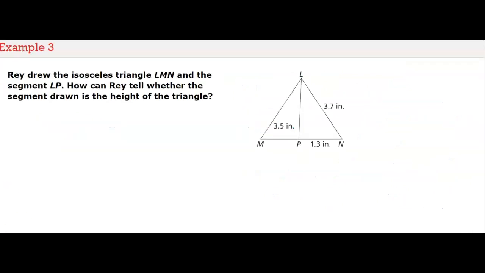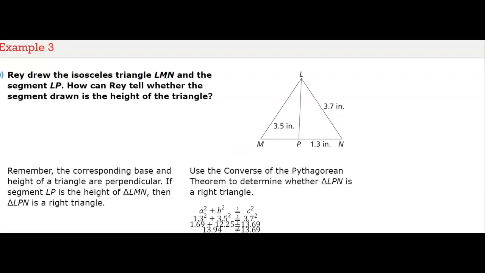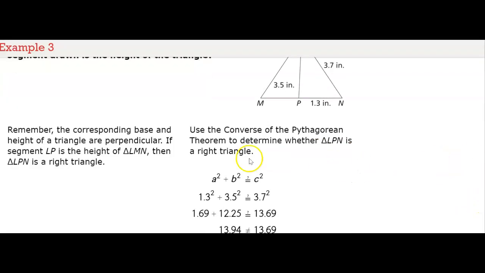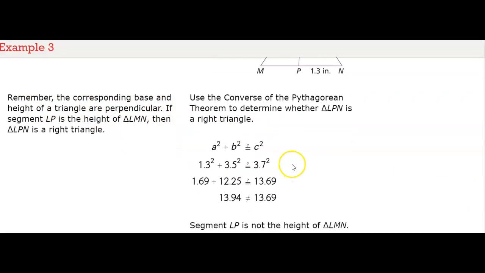Ray drew the isosceles triangle LMN and the segment LP. How can Ray tell whether the segment drawn is the height of the triangle? Remember, the corresponding base and height of a triangle are perpendicular.